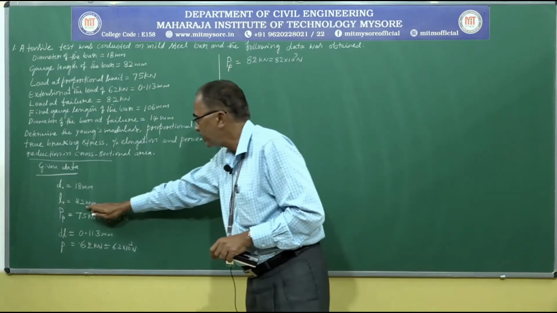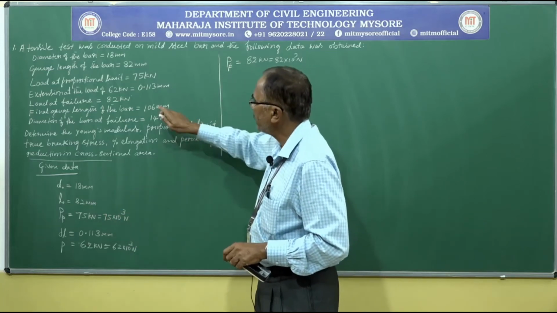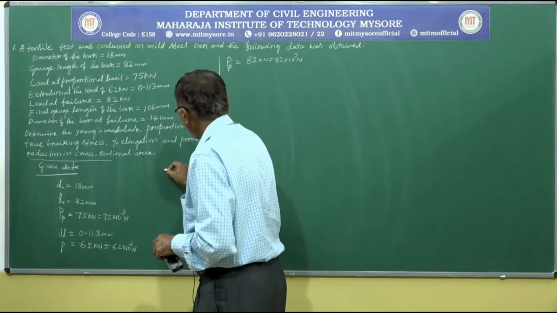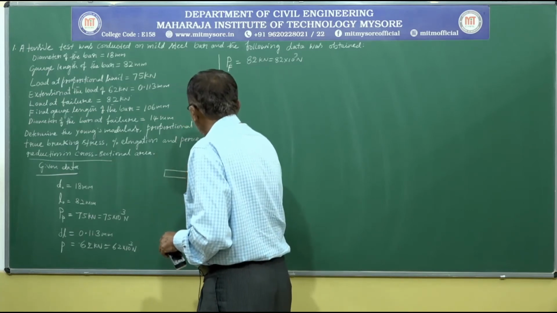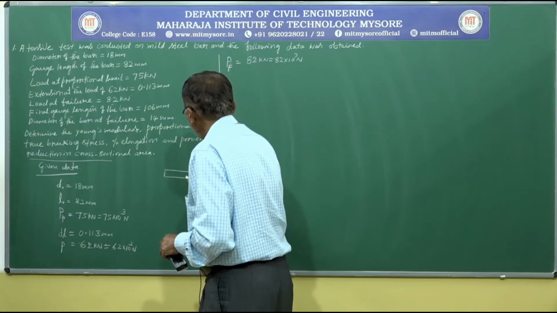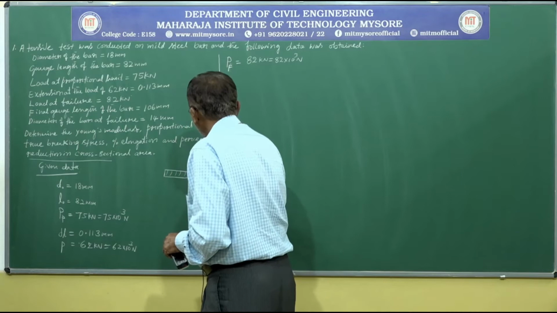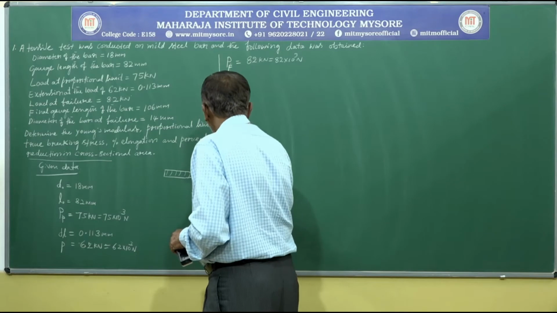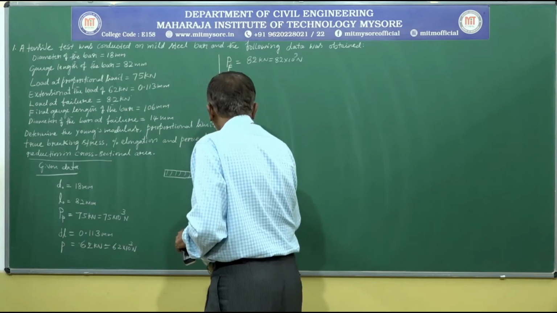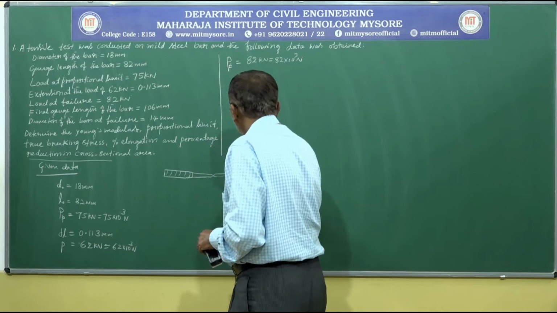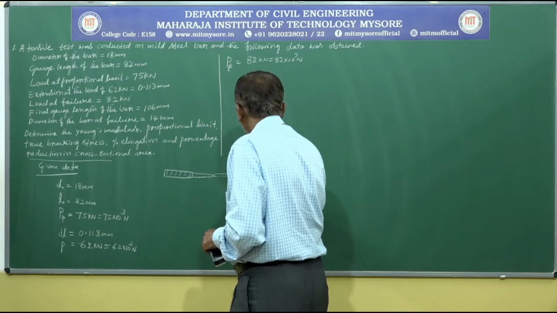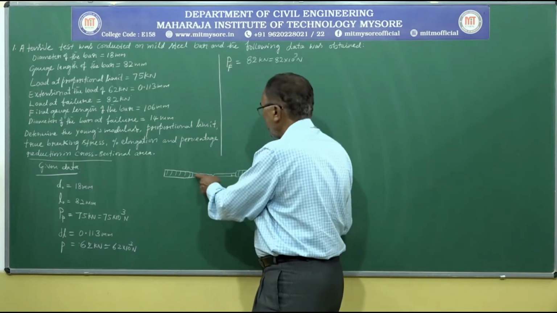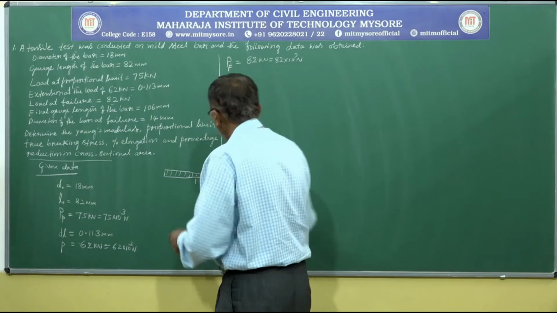Given original gauge length as 82 millimeter, the final gauge length means after completion of the test, if you join the failed specimen or broken specimen like this with the cup and cone arrangement itself, say this is the earlier marked point for measuring gauge length, and this is the final length after conduction of the test.